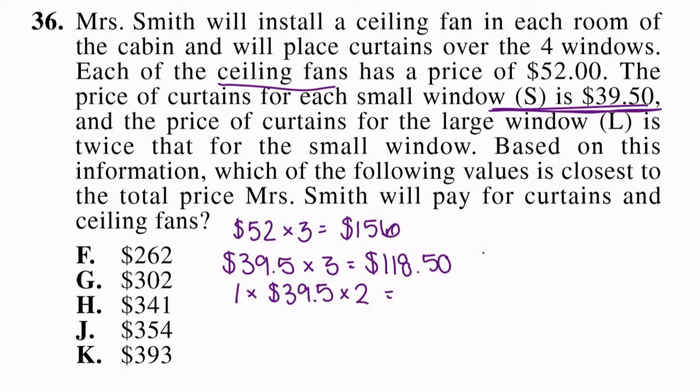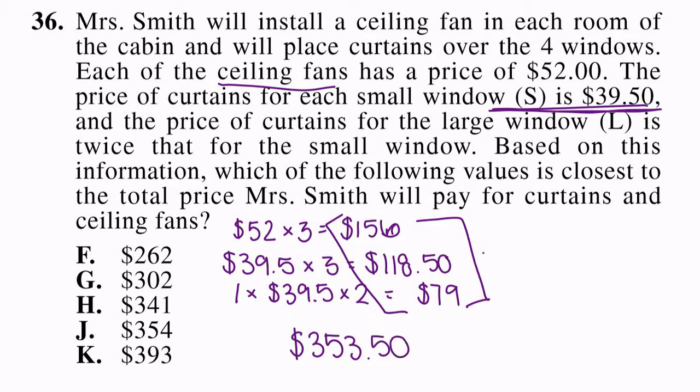So we can multiply 39.5 times 2, and we get $79. We add up these 3 numbers, and then we get $353.50, which is about equal to $354, which matches our answer choice J.